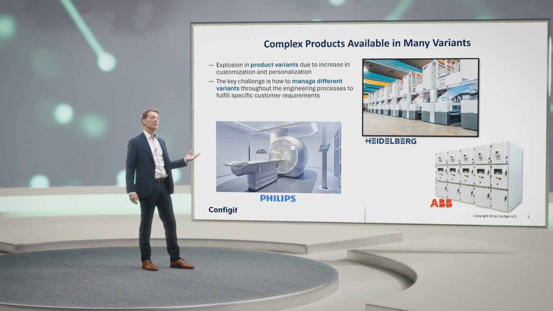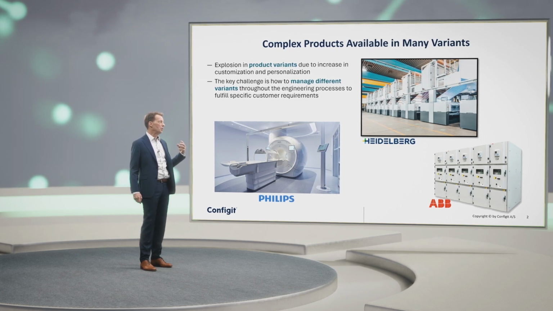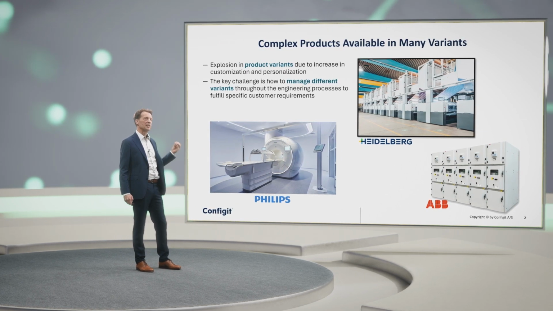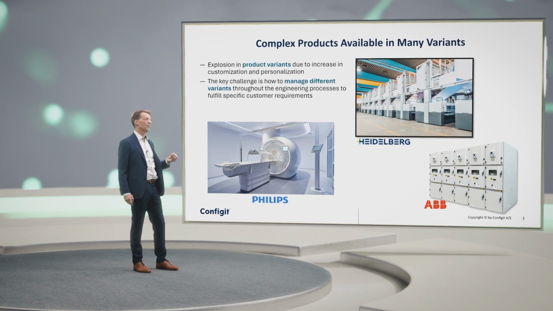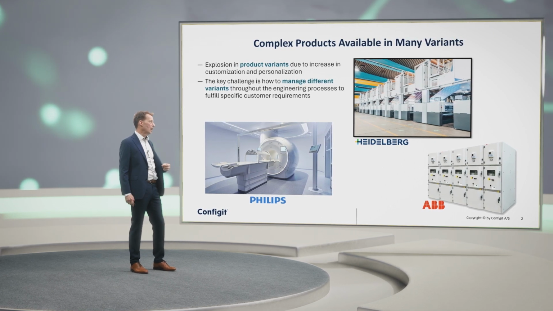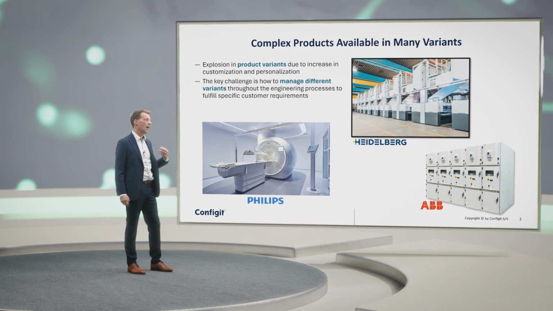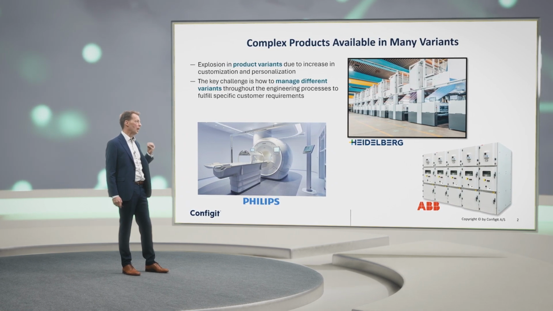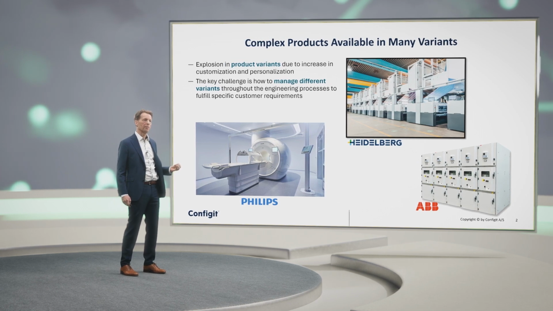So this is the type of systems that we will need to design and engineer. And what we see, of course, is that there is a lot of variability in these products. So the question is, how do you manage that variability when you have a systems engineering approach?